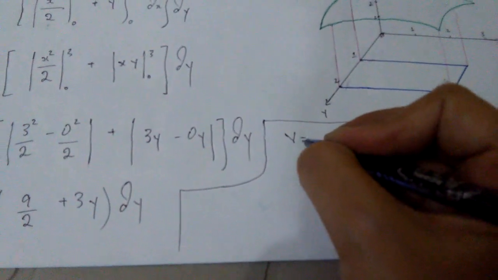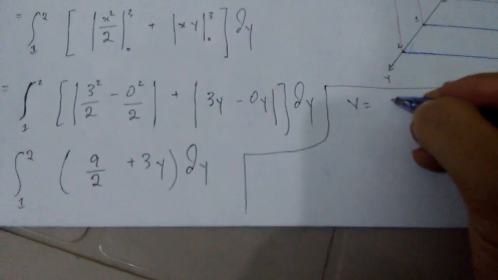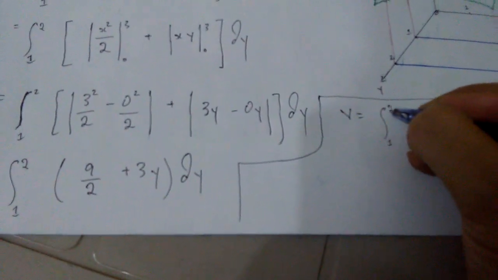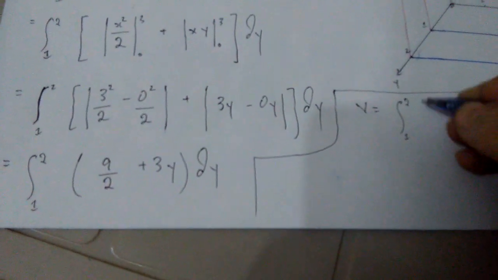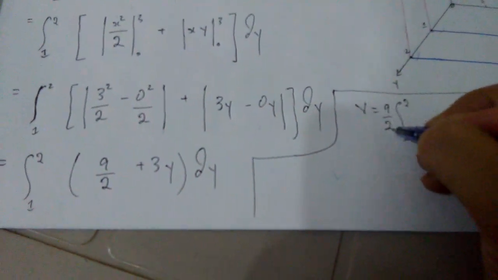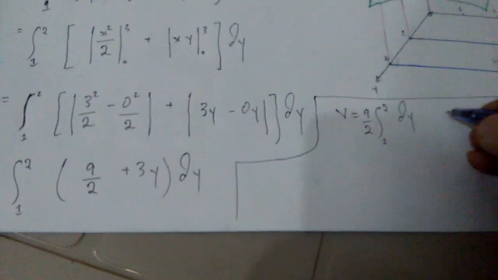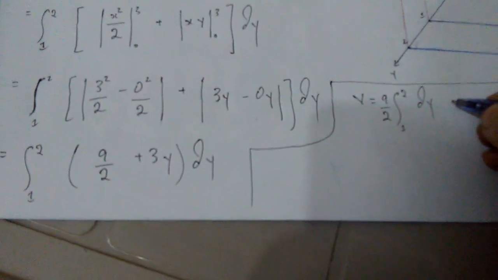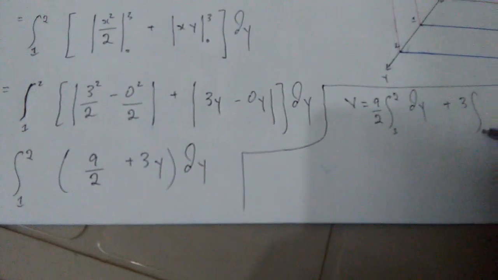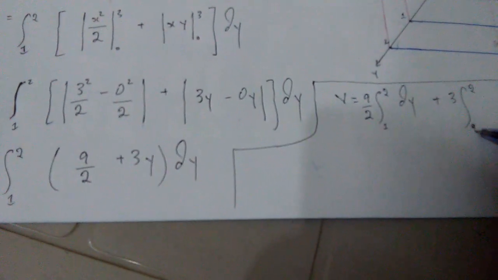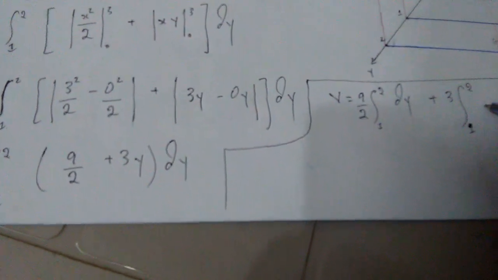So the volume is equal to the integral from 1 to 2, and 9 upon 2 is a constant number, so we will write it just outside, and we apply our differential here, and 3 is outside. Every time I write 0 here, it's just a habit, sorry for that.